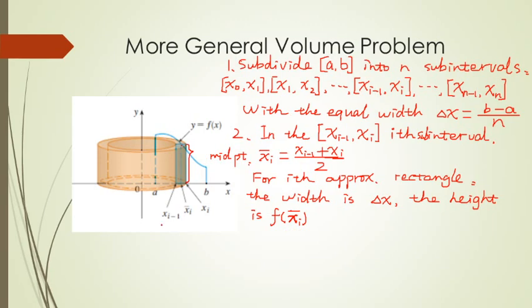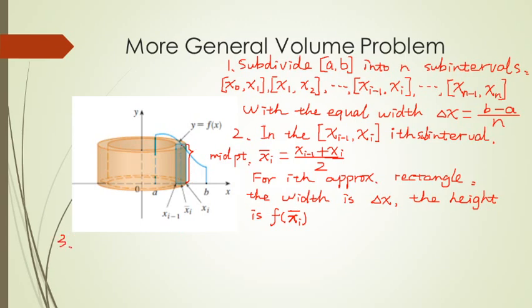But we don't care about the area of the rectangle now. So what shall we do with this rectangle? Then I will rotate this blue rectangle about the y-axis. So this orange shell is obtained by rotating the i-th rectangle.